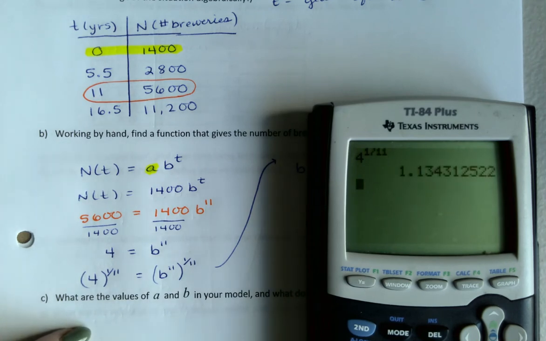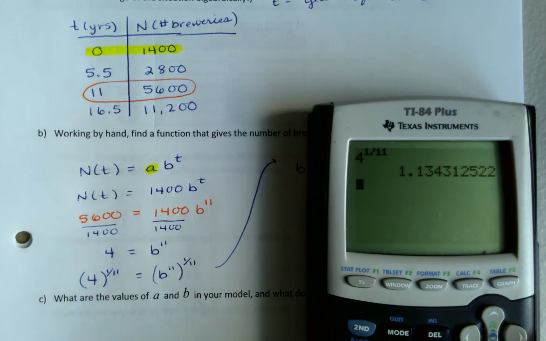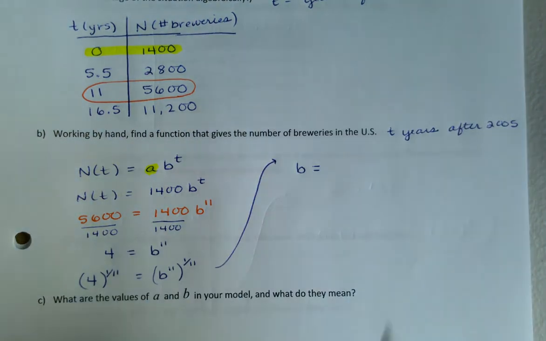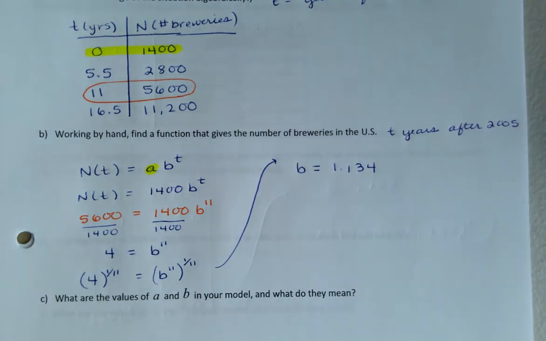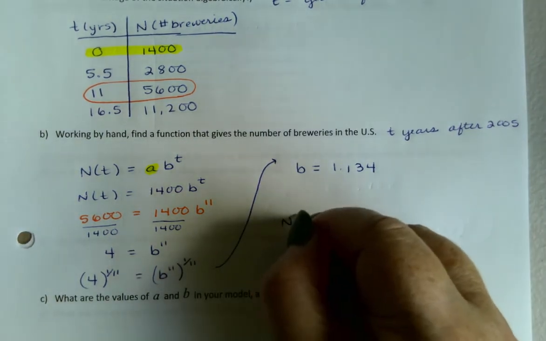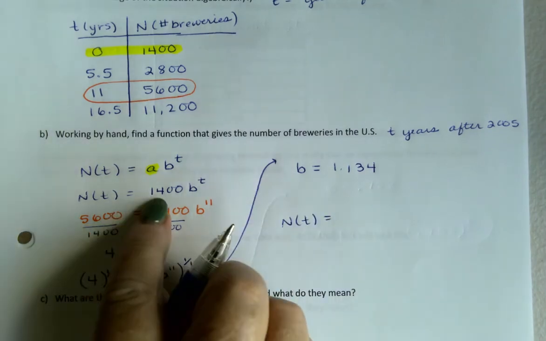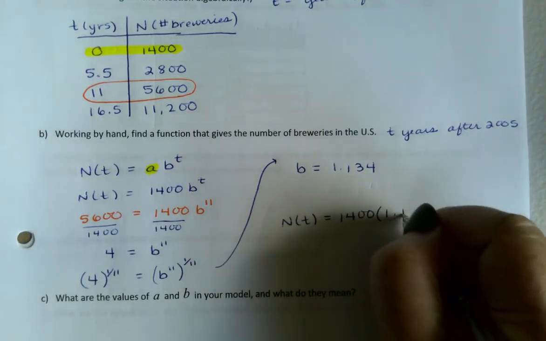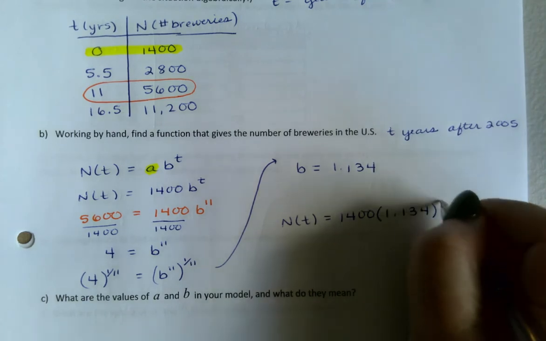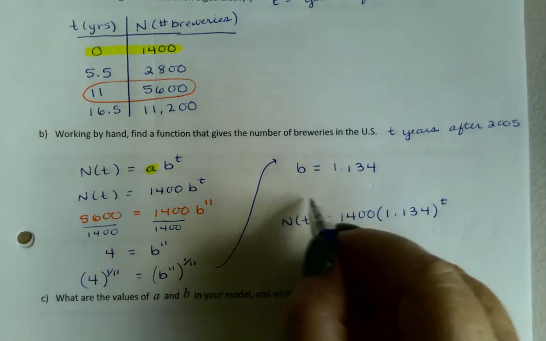About 1.134. So my N of t function then is the 1,400, the A that we already had, times 1.134 to the t power.